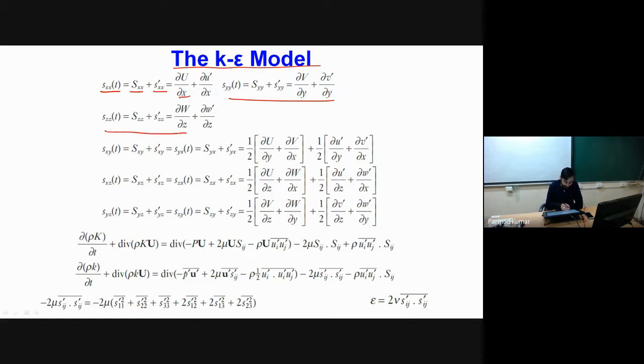In case we have to find the shear stresses, the shear stress will also have a constitution of mean stress plus turbulent stress. In terms of mean stress, we have del U by del y plus del V by del x, and in terms of turbulent stress, we have the gradients of fluctuating components.